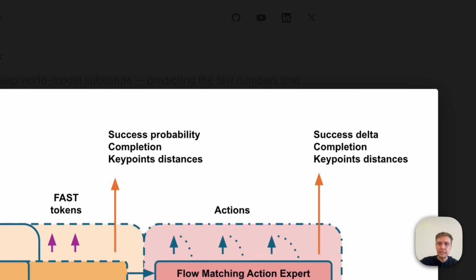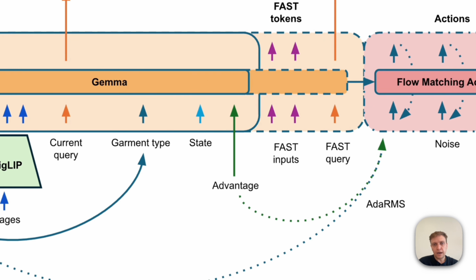And then if you look to the right, I also predict the delta of the success probability. So given these actions that we predicted, how much we increase the probability of success. And this is one of the things that I use during the inference to make the predicted actions even better. And finally, I have this advantage input to my model.